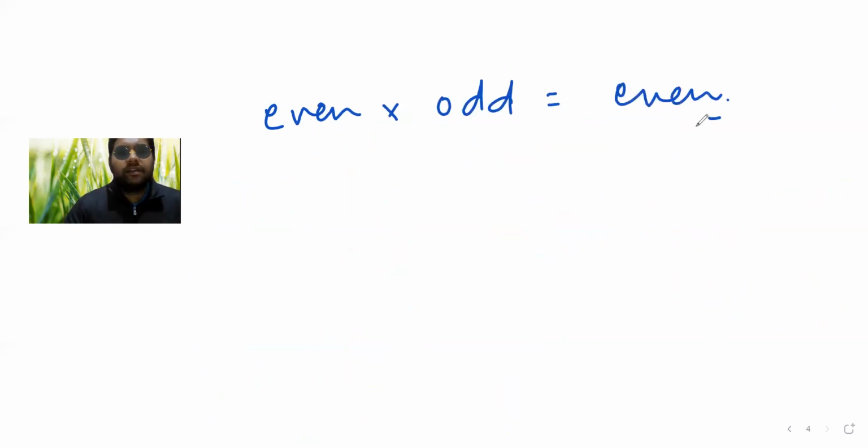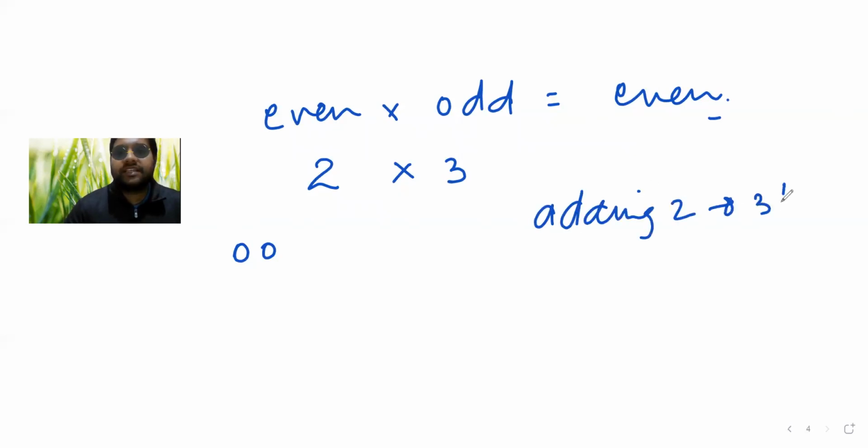Similarly, we can run the exercise if an even number is multiplied by an odd number: why does it give an even number? Once again, we can take any example, say 2 multiplied by 3, correct? So 2 is one pair, which means that we are basically adding 2 three times.